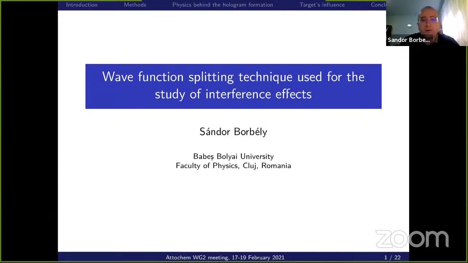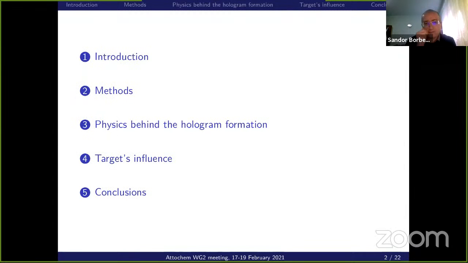As you have already heard, I will speak about the wave function splitting technique, which can be used to study interference effects. We use this technique in the context of photoelectron holography. I will start with a short introduction in which I will explain what I understand under the term photoelectron holography.